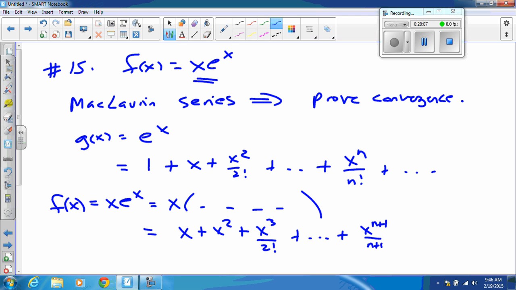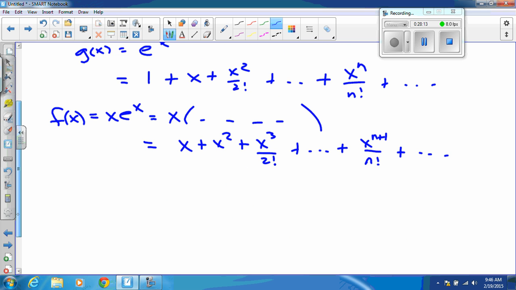Yeah, that's it. Just n factorial. We'll do this and then I'll turn you loose because it's fairly straightforward. So there's my Maclaurin series for this guy.